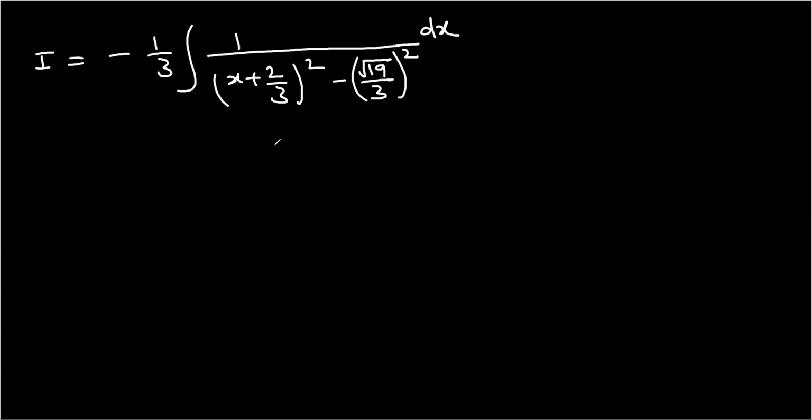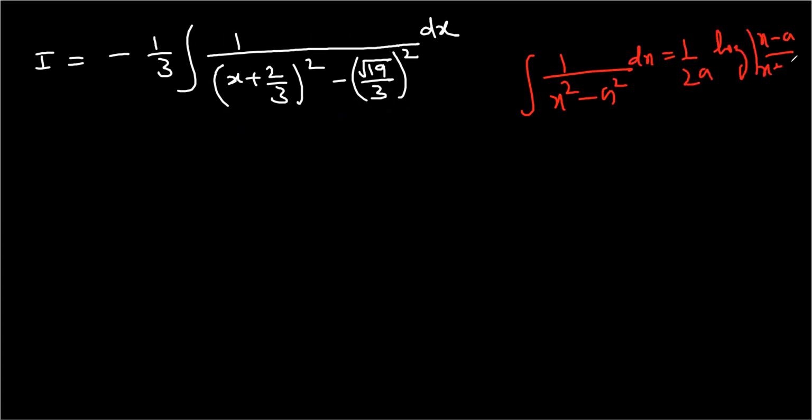So here, which result shall I apply? It will be 1 upon variable square minus constant square. If you remember, it was 1 upon x square minus a square dx, which was 1 upon 2a log of x minus a upon x plus a plus c. This was the result. 1 upon variable square minus constant square.